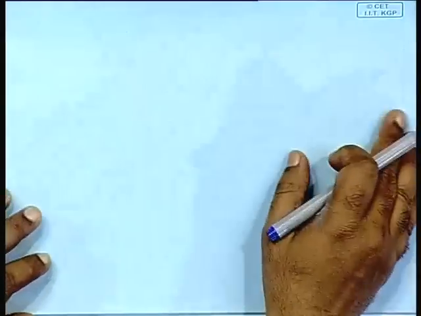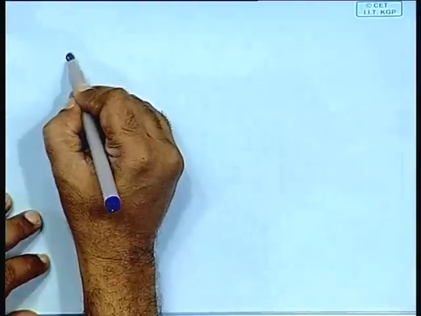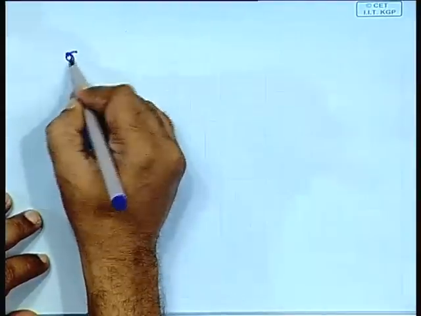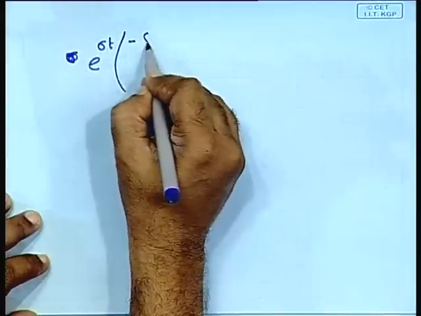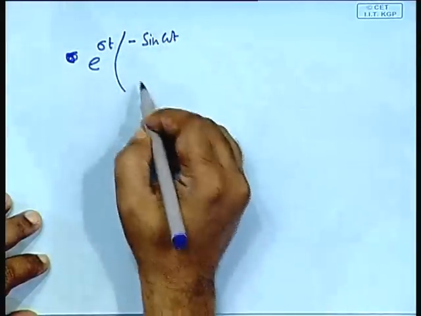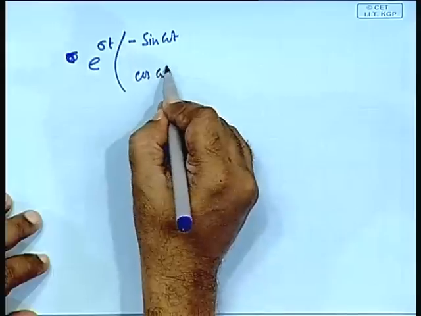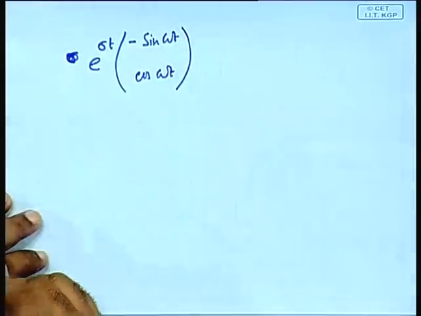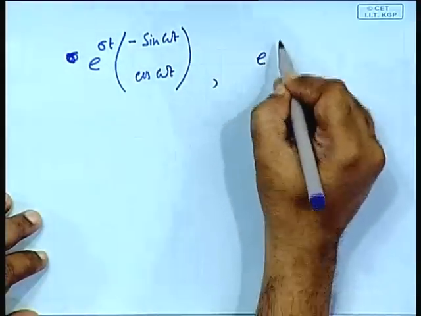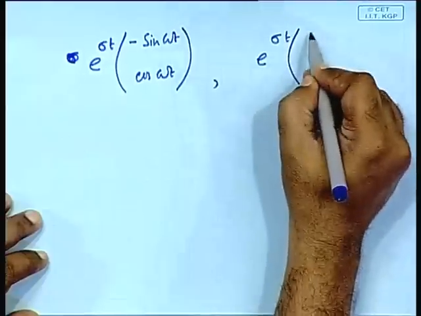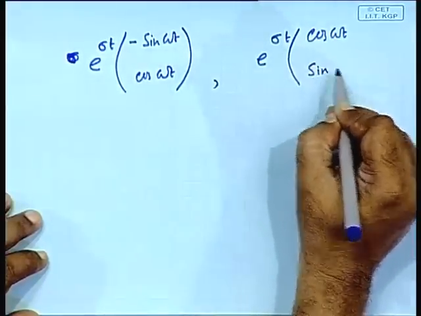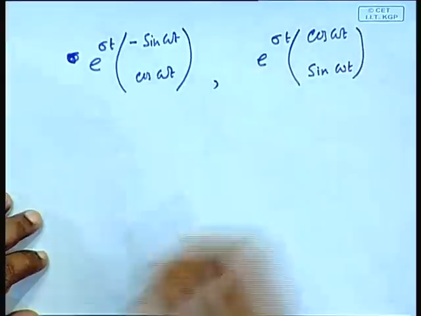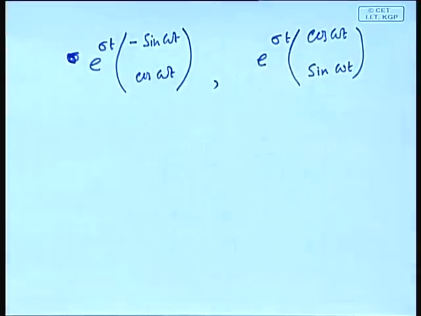So, we have then the two solutions: one solution is e to the power sigma t times minus sin omega t, cos omega t. The other solution is e to the power sigma t times cos omega t, sin omega t. Good.